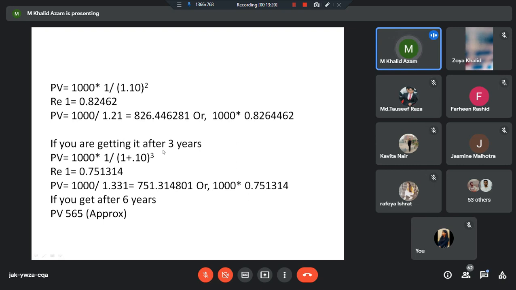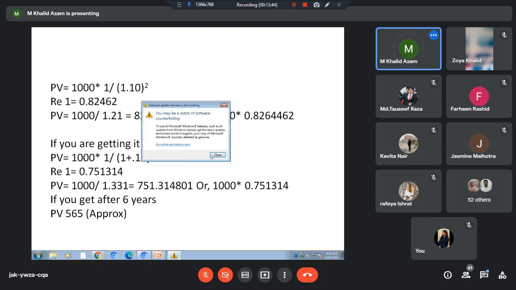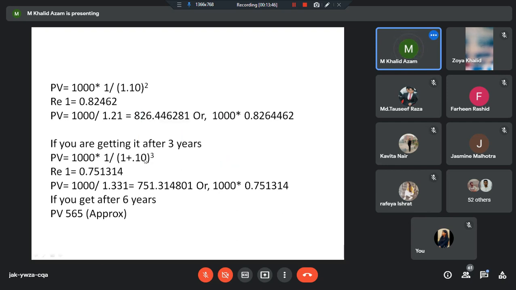If you are getting it after 3 years, so you have not received anything in the first year, you have not received anything in the second year, but you are getting this amount after 3 years. Then what will happen? Your discounting will be for the third year. So 1000 is the same amount you are getting. 1 divided by 1 plus 0.10, that is your 10%, to the power 3.